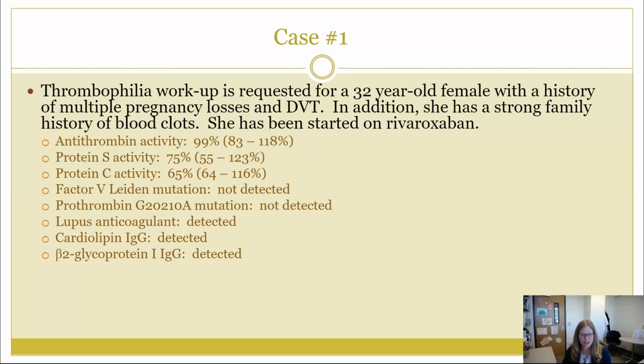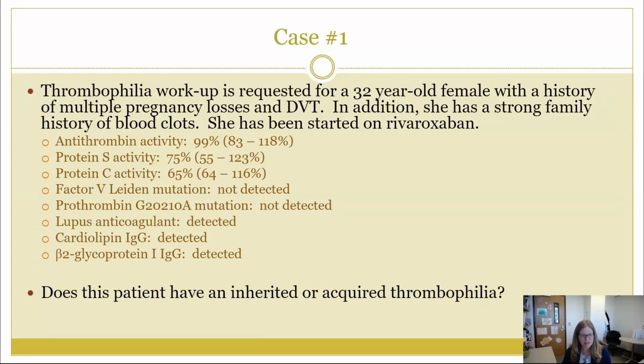None of the mutations were detected, but we do have detection of lupus anticoagulant, cardiolipin IgG antibodies, and beta-2 glycoprotein 1 IgG antibodies. So the question that might come to you in your laboratory is, can I trust these results? Does this patient have an inherited or acquired thrombophilia that might be the reason for her recurrent pregnancy losses?